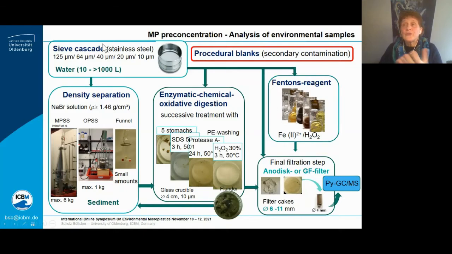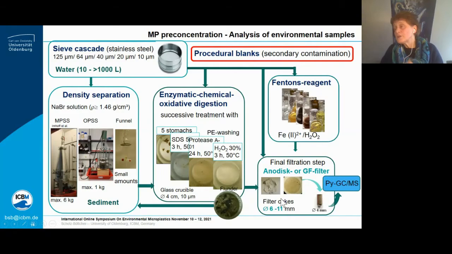So we use sieve cascades, we use density separation, and a density of 1.6 with sodium bromide is usually sufficient. We use also different separators. We use enzymatic approaches. We use Fenton's reagents. And as you see with all these pointers, we mix those processes depending on the sample.